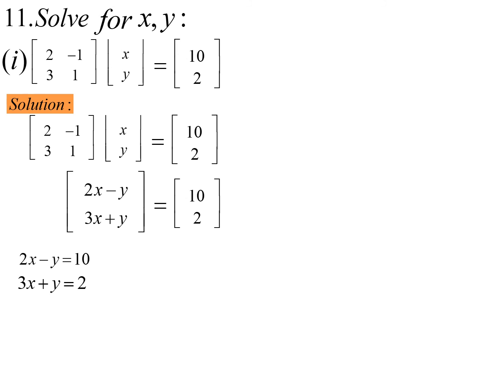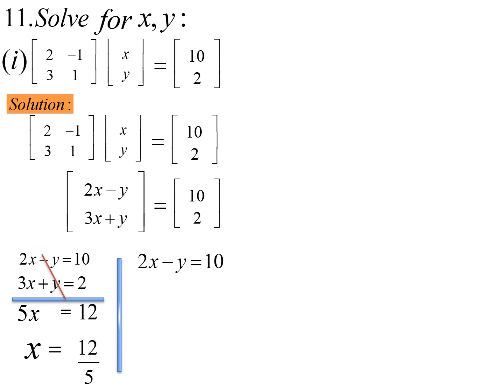Minus y plus y is there, we can cancel that. 5x equal to 12, so x equal to 12 by 5. Now we take any one equation, we'll take 2x minus y equal to 10, substitute the x value, and we find y equal to 24 by 5 minus 10. Therefore, y equal to minus 26 by 5.